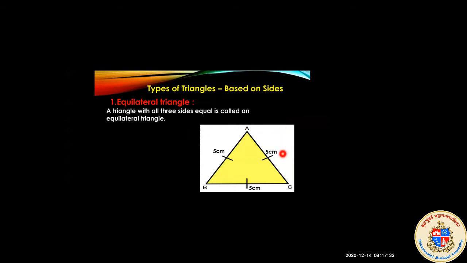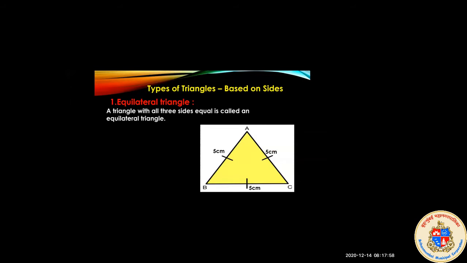Now see, there is a triangle over here. The name of the triangle is given, triangle ABC. Now there are three sides, as we studied in parts of the triangles. All the sides of the triangle have a measurement given in this figure. The measurement is 5 centimeter for all.